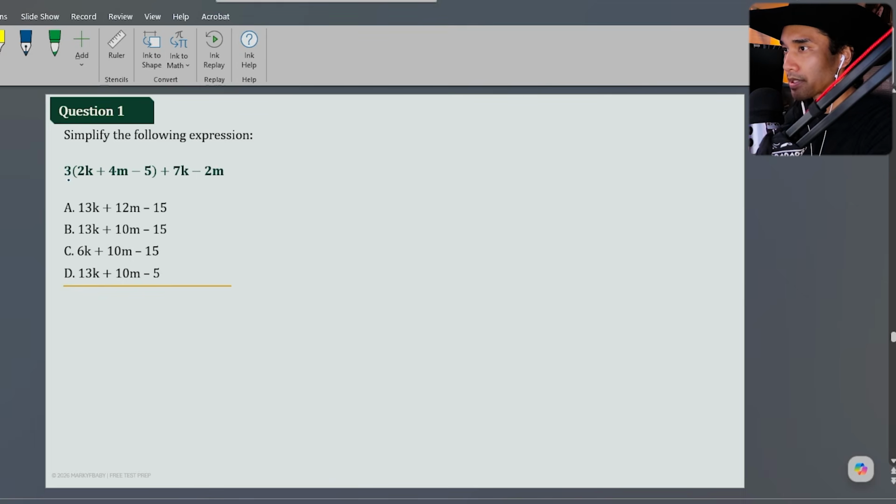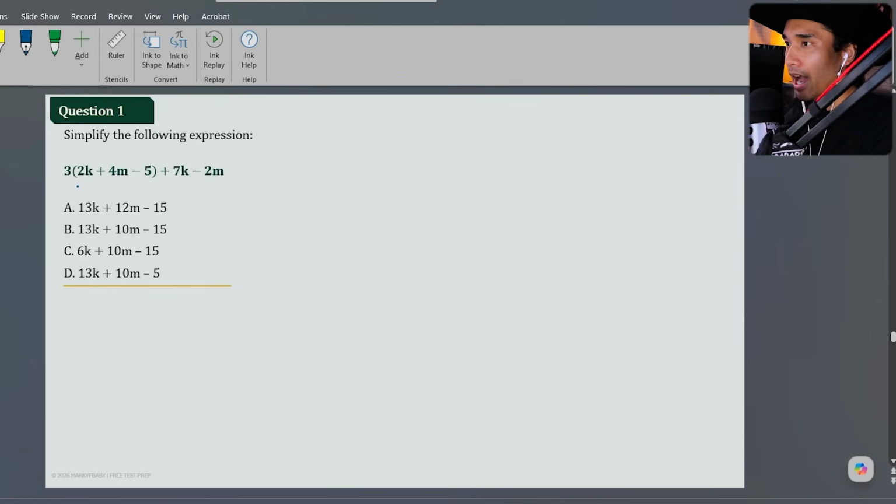So since it's right next to the parentheses, I'm going to be multiplying this coefficient into the parentheses. I'm going to be pronouncing parentheses in multiple ways. It's going to look like 3 times 2k, 3 times 4m, and 3 times negative 5.